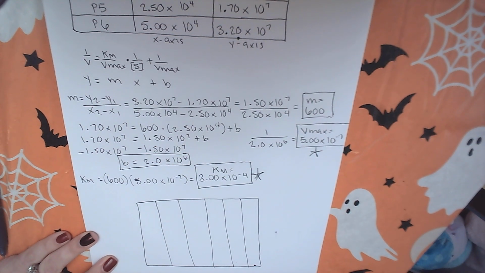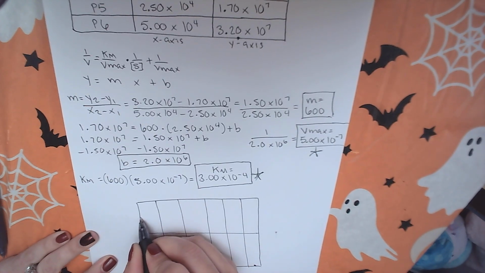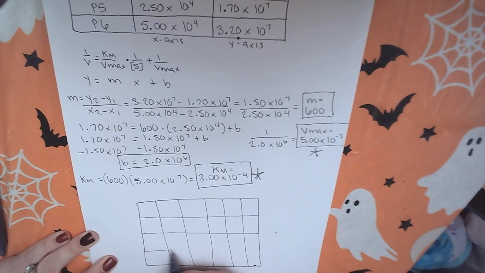And we'll do 1, 2, 3. All right. So this is going to be your 0. This is going to be your 1 times 10 to the 4. All these numbers are so big, we're just going to have to do it this way. 2 times 10 to the 4. 3 times 10 to the 4. 4 times 10 to the 4.